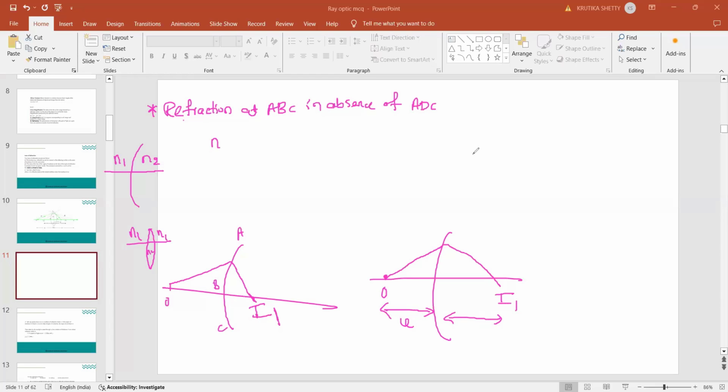It is taken as V1, right? Correct. So this is taken as V1. So let us substitute now.